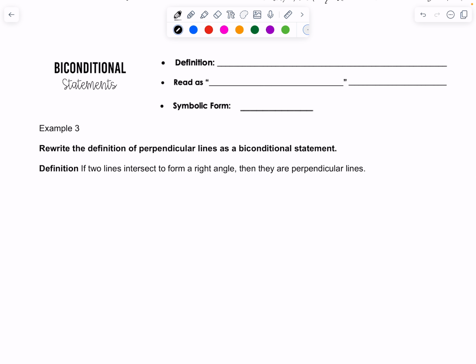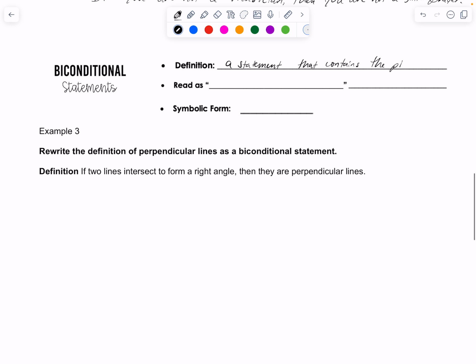All right, so this is a statement that contains the phrase, I'll put it right here, "P if and only if Q." So again, you're looking for that phrase, if and only if. If it has that phrase, that's a biconditional statement.